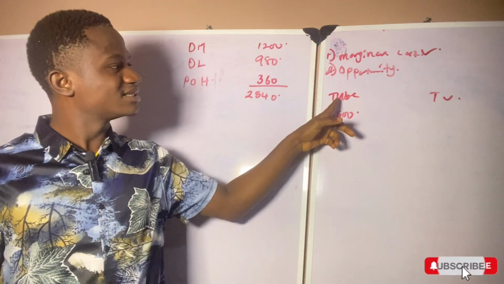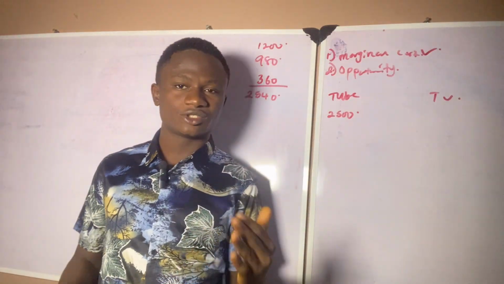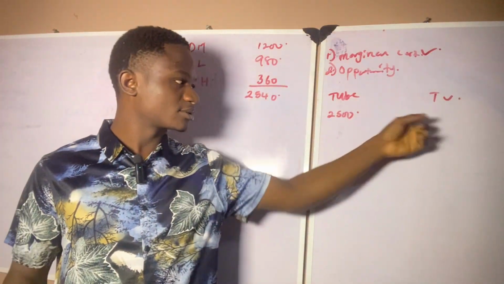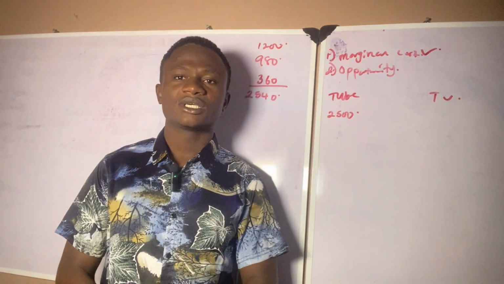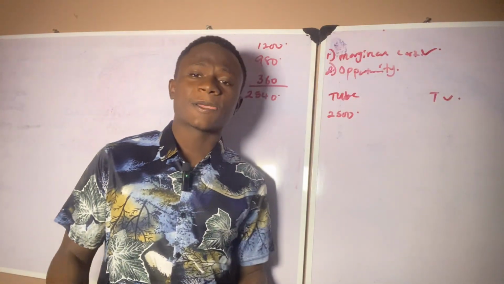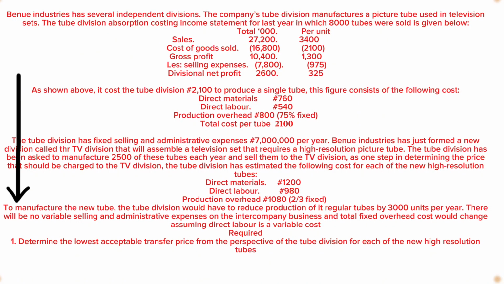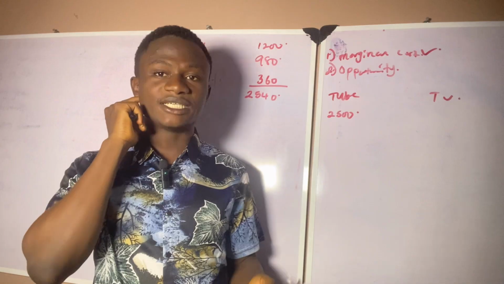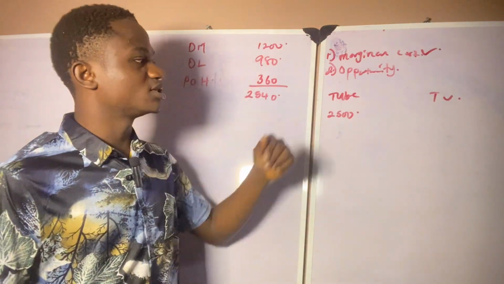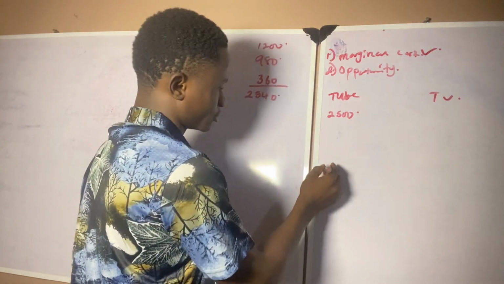We need to estimate the cost of what tube division is losing to be able to supply 2,500 higher quality tubes. So let's go. In the question, there's a particular place that we're told that to manufacture the new tube, the tube division would have to reduce production of its regular tubes by 3,000 units per year. We're told that this tube division, at the beginning of the question, produced 8,000 tubes per year.